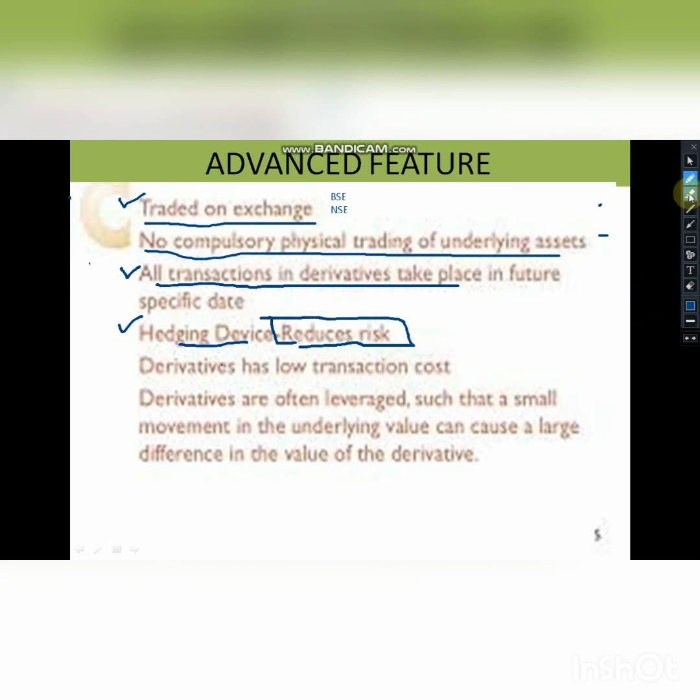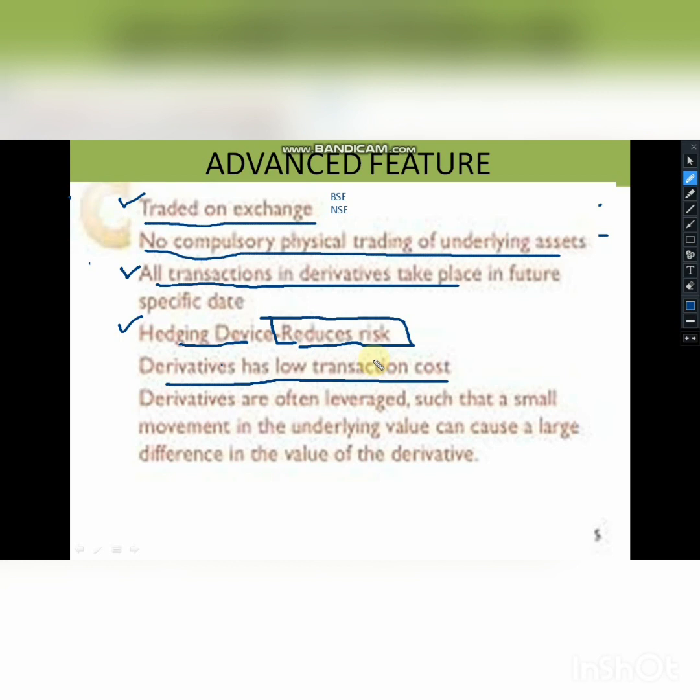And yes, the next point is talking about derivatives having low transaction cost. Definitely this point is very clear. Derivatives have low transaction cost. The reason is only one: when you do trading in stocks, futures and options, you need just your mobile phone and your demat account, and everything will be done on your phone just by clicking.